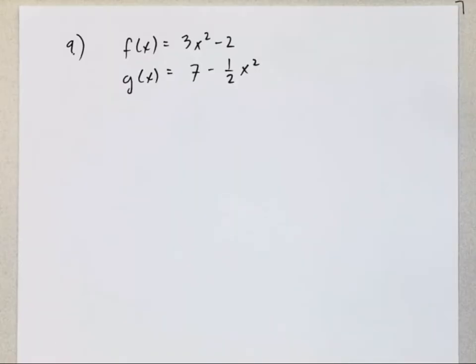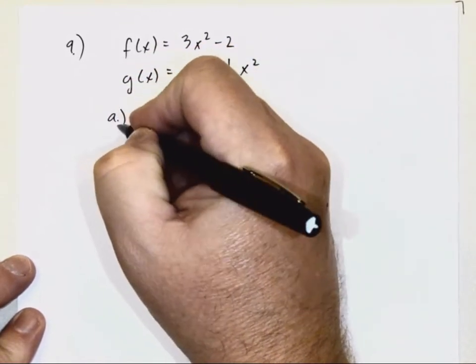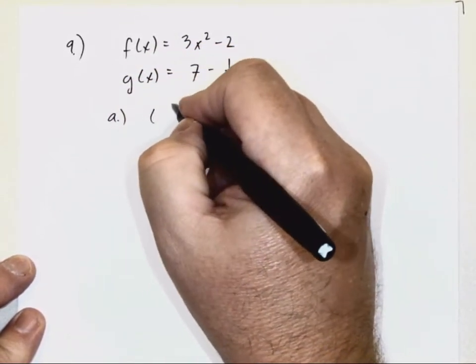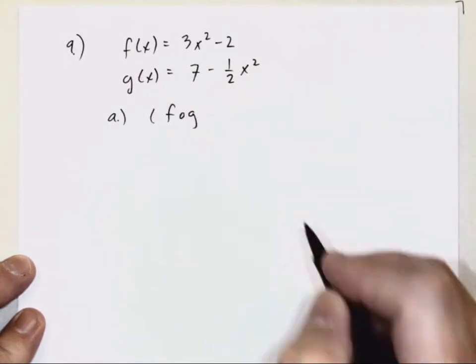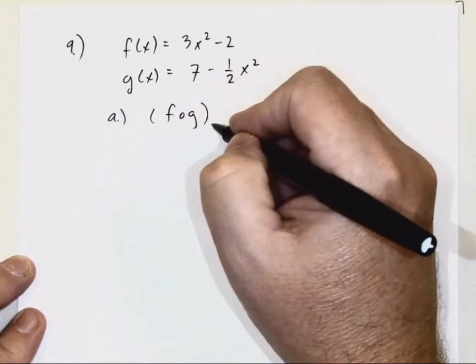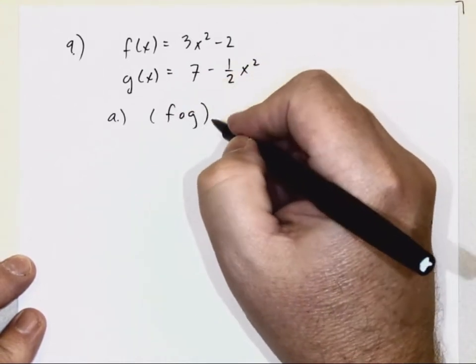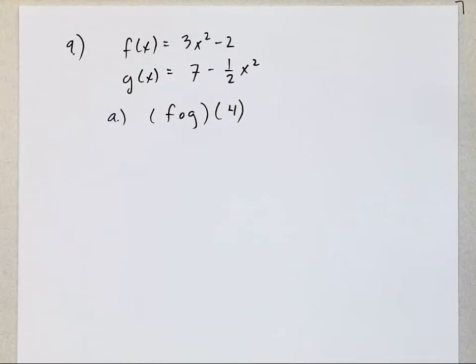And then 4 parts they want you to solve. So let's just look at part A. This empty circle here means composite. So I just simply say f composite g of 4.